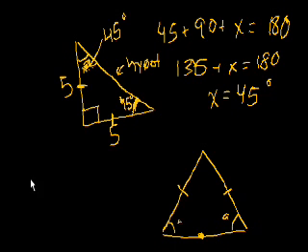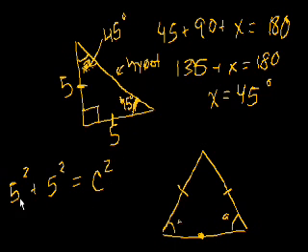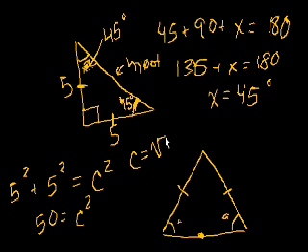So we could say 5 squared plus 5 squared is equal to, let's say c squared, where c is the length of the hypotenuse. Well, 5 squared plus 5 squared, that's just 50, is equal to c squared. And then we get c is equal to the square root of 50. And 50 is 2 times 25, so c is equal to 5 square root of 2.